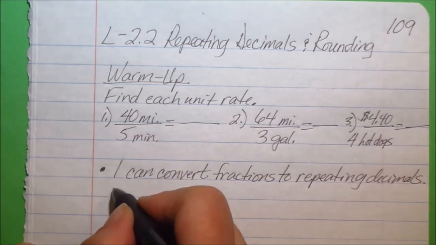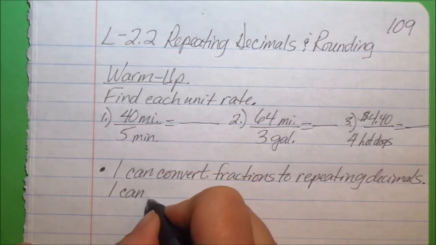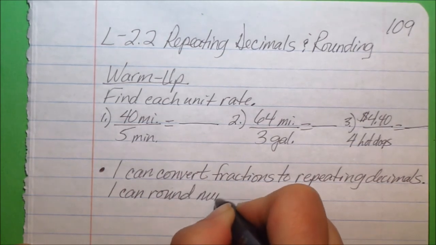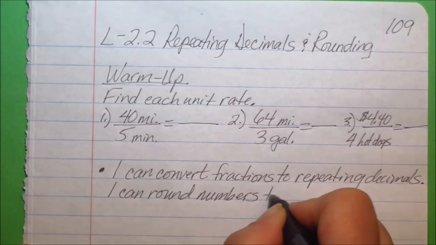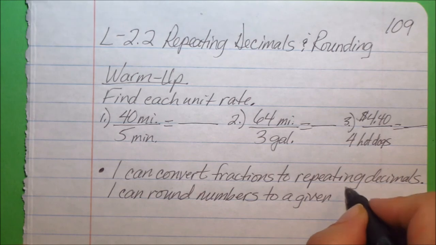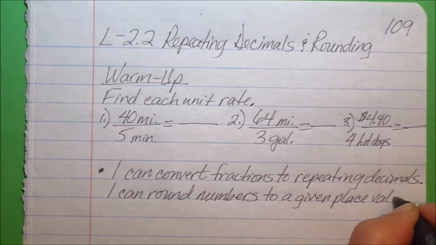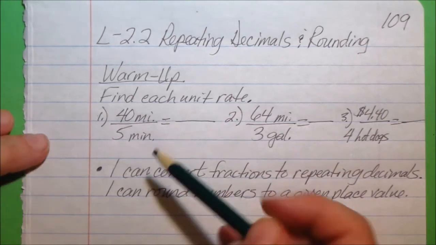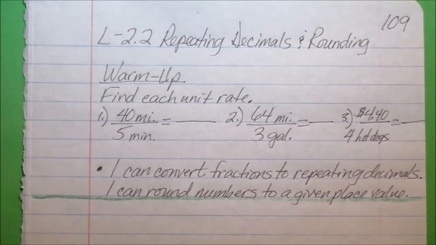We got 2 I can statements. And I can round numbers to a given place value. Okay, that's our goal for this lesson, and we'll section it off and start our notes.